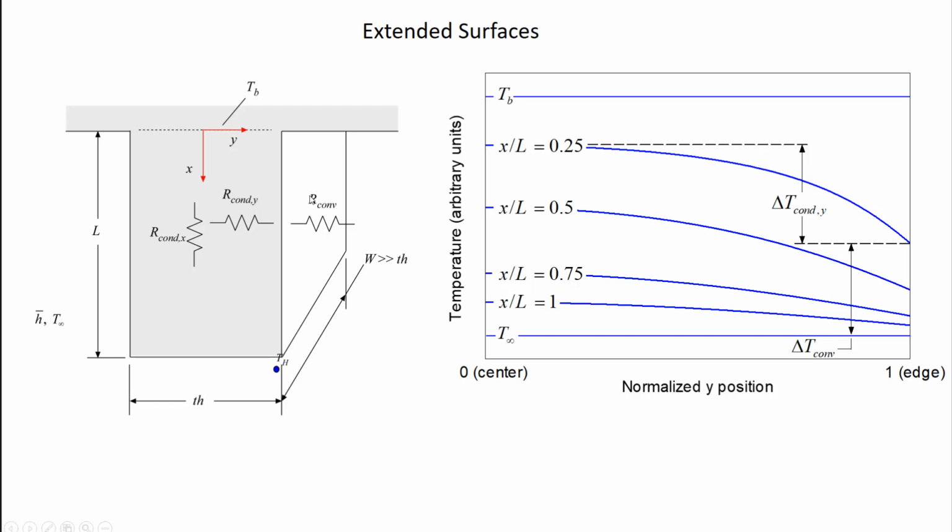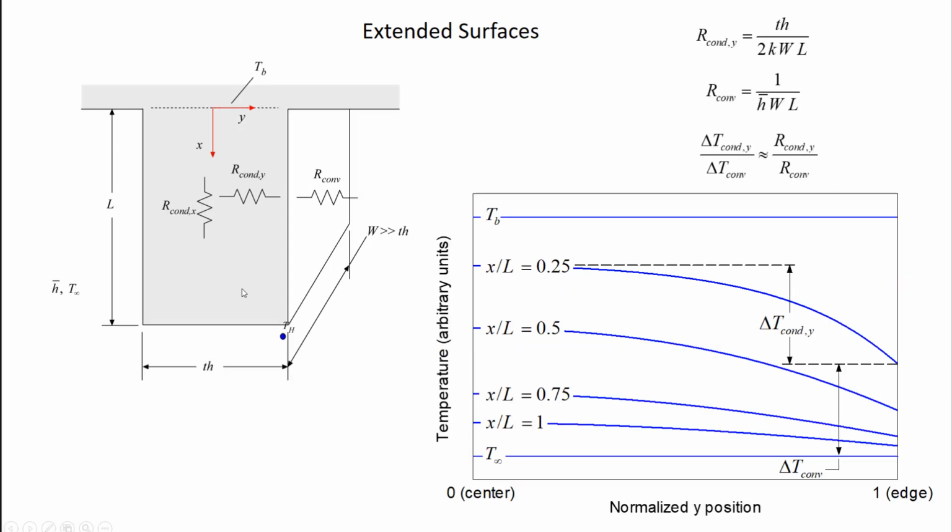And then finally, I should see a temperature drop from the edge to the surroundings, right? So if I get to the edge here, there's a temperature drop from that edge to T infinity, and that's delta T convection. So the sizes of those temperature drops are related to the sizes of these three resistances.